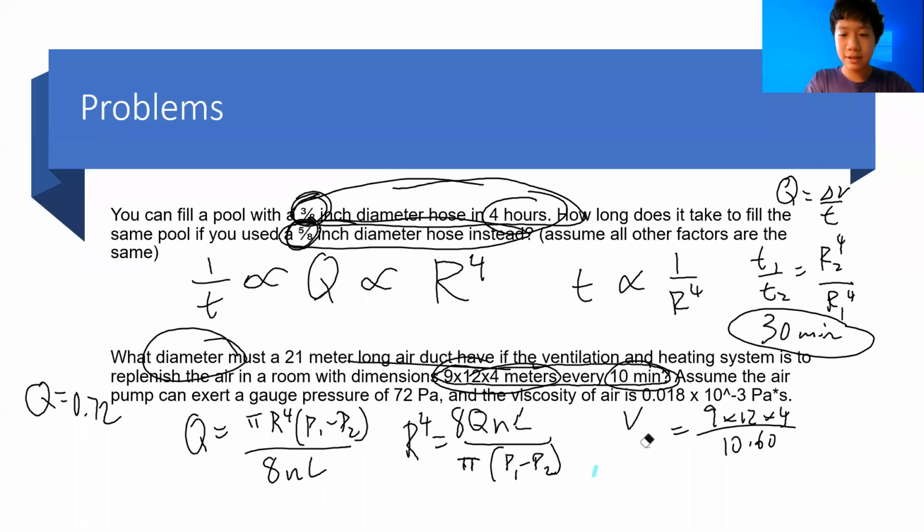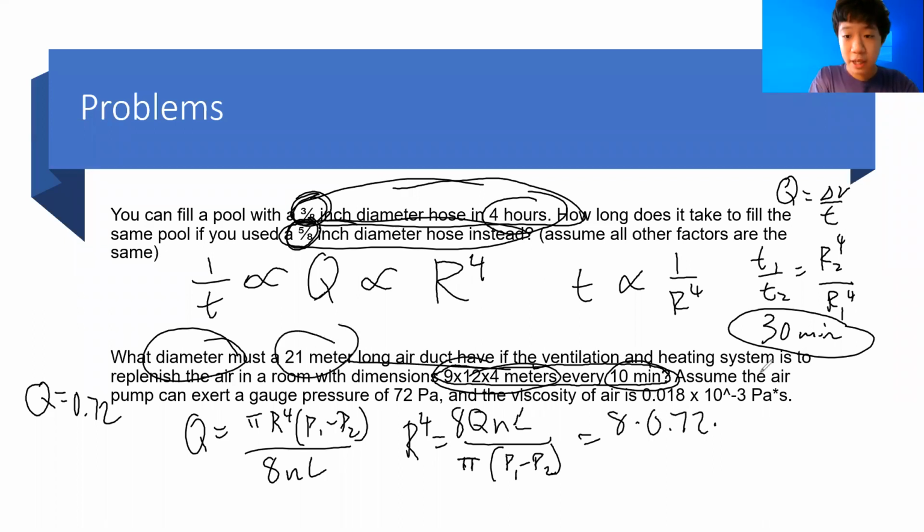Let's clear up a little space. So we're going to have 8 times 0.72 multiplied by the length of the pipe divided by pi times the pressure difference. The pressure difference is equal to 72 pascals, which is right here.